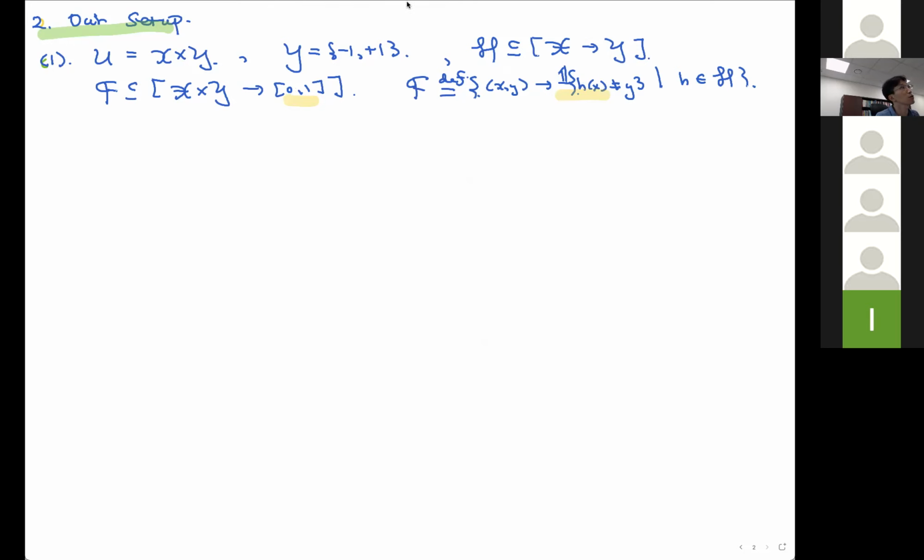Now one interesting thing here is that if you take a function f in this set, let's pick some function f here, and then we compute its expectation. So let's pick some distribution D over X and Y. This distribution corresponds to the stochastic setup that I explained at the end of chapter 2.